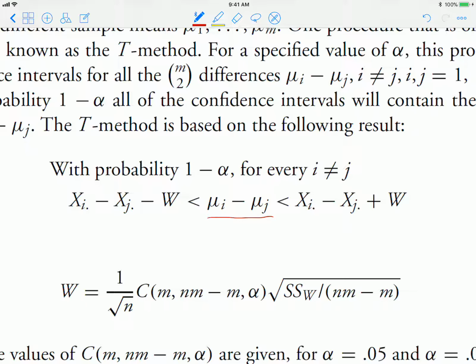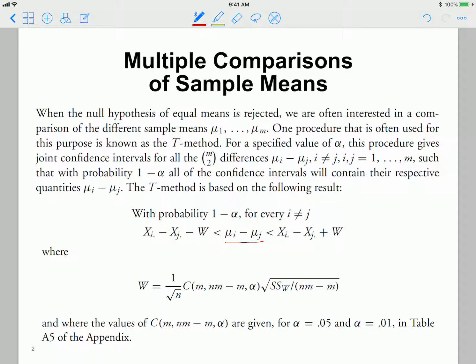So suppose in our hypothesis testing of the null hypothesis and the alternative hypothesis, the null was all means are the same, right? But in the case of the alternative hypothesis, at least one of them is different from the other.